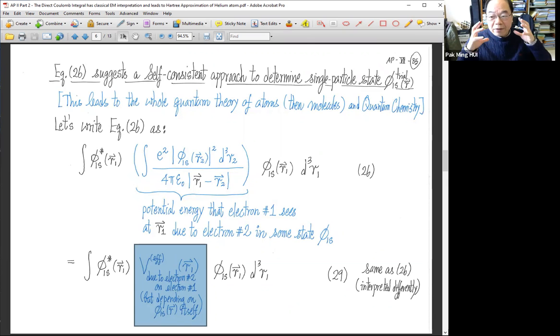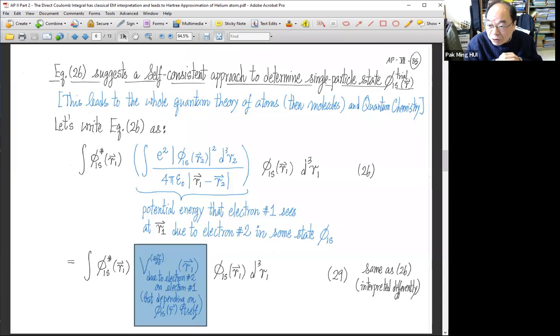So now we can think about electron number 1 alone. It has its kinetic energy term. It sees the nucleus attraction, no doubt. Now, what is happening to electron number 1 due to the electron-electron repulsion of electron number 2?